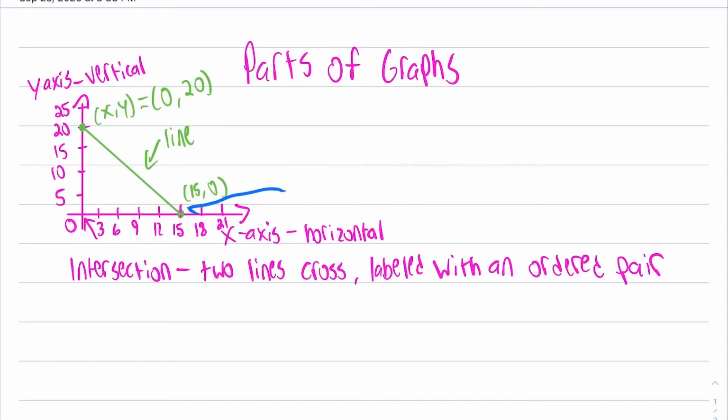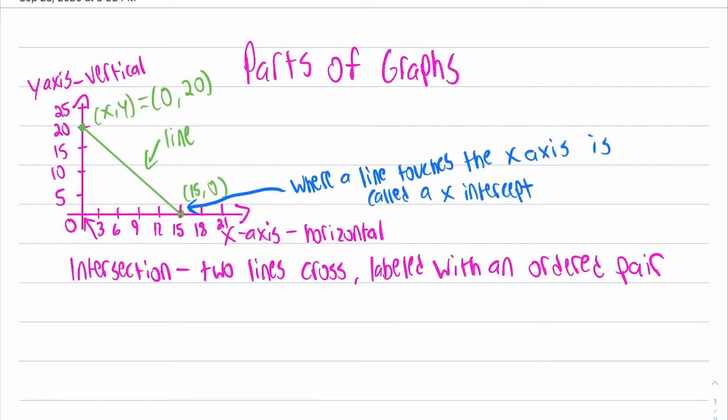This specific point right there has a special name because it's a dot where the line touches the x-axis. Where a line touches the x-axis is called an x-intercept. The location of this x-intercept is 15, 0. That ordered pair that I labeled earlier is the x-intercept.